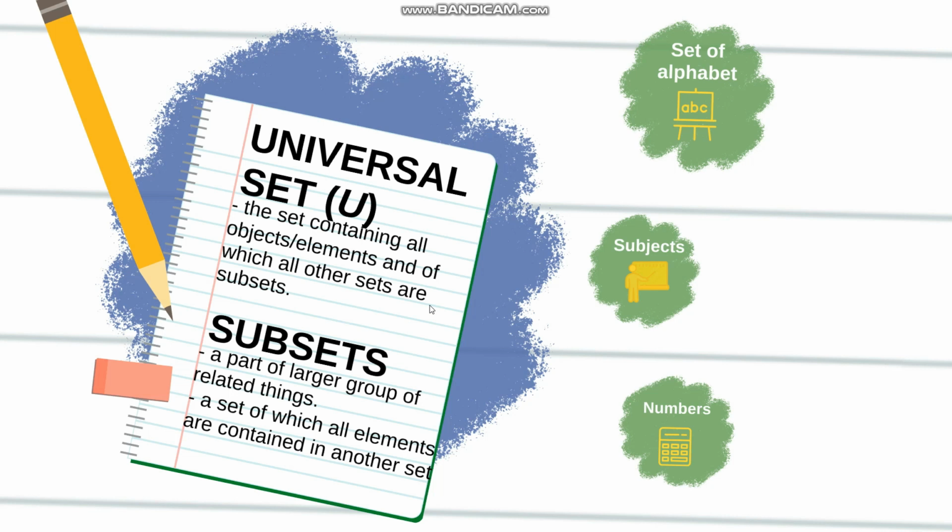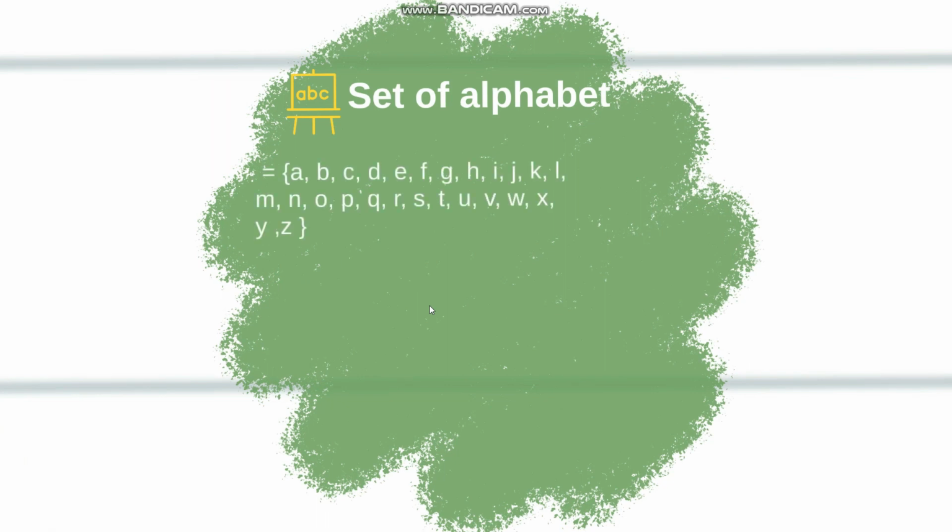In order for us to further understand this, let's have an example and let's go to the set of alphabet. As we all know, the set of alphabet contains how many elements?